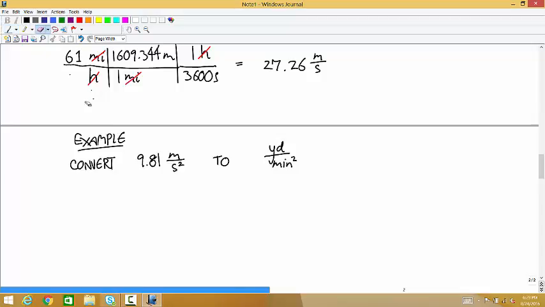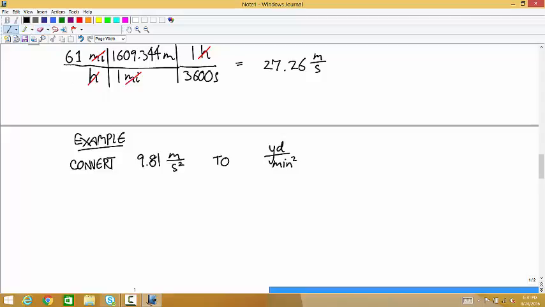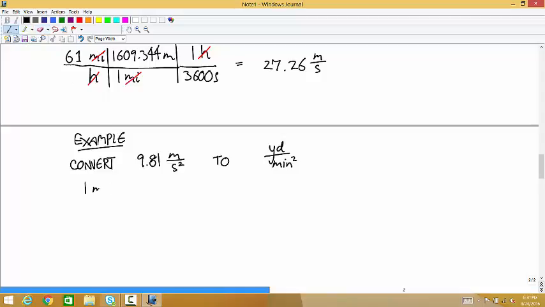And let's say that the conversions that we're given are 1 meter is equal to 3.281 feet. One yard is equal to 3 feet.